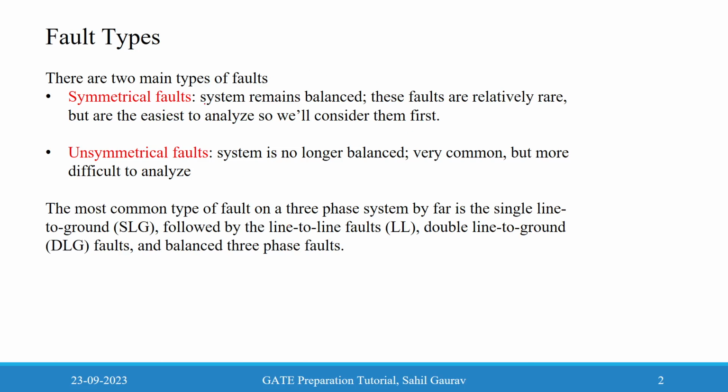So we can see that three-phase symmetrical faults are rare, but this is the most severe fault. If you compare all types of faults, three-phase symmetrical faults are the most dangerous, but also rare.